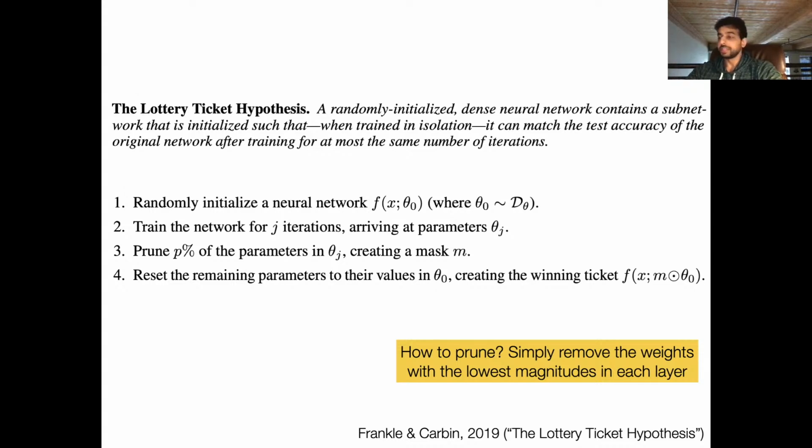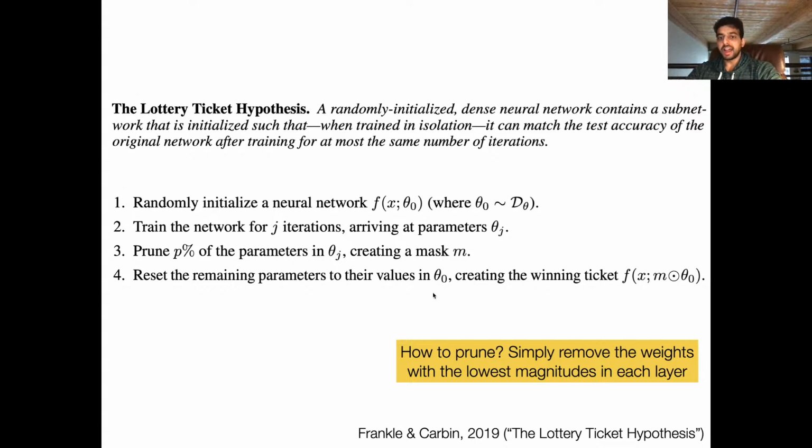This is a very simple heuristic that seems to work. There are probably other ways in which you could do this pruning, but they just chose the simple magnitude-based method. So I'm going to prune for every layer 20%, 40%, or 60% of the parameters that had the lowest magnitudes in that layer.